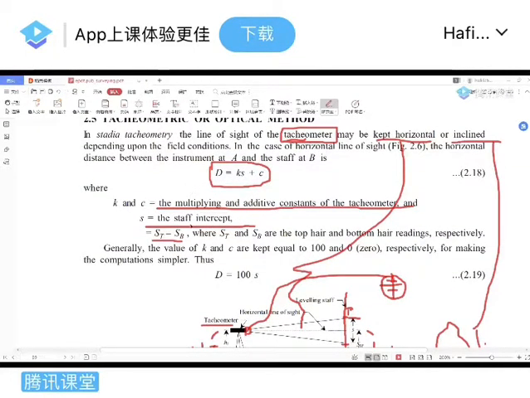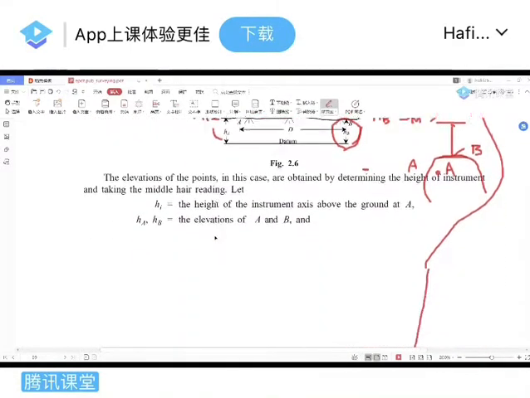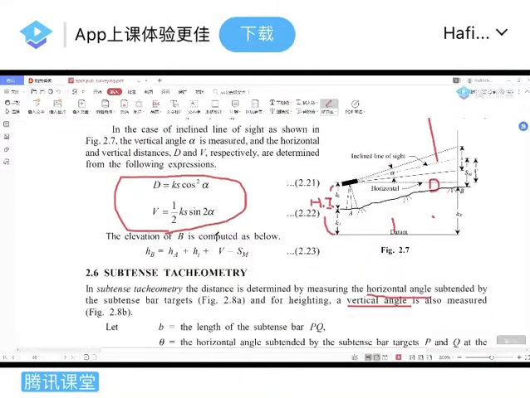And in this book, you already use this one. Most of the time you use some variant of this one. Take a look at one of the variants. D is calculated like this. Suppose this is D. D will be calculated based on this: K times S times cosine squared alpha, and V will be this one. V is the vertical distance.